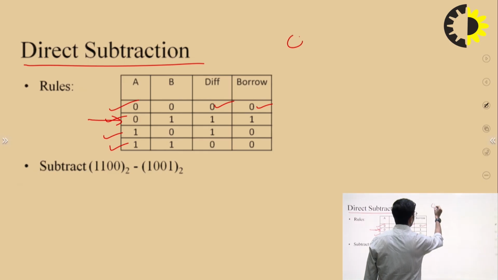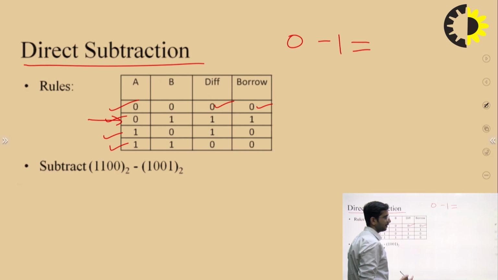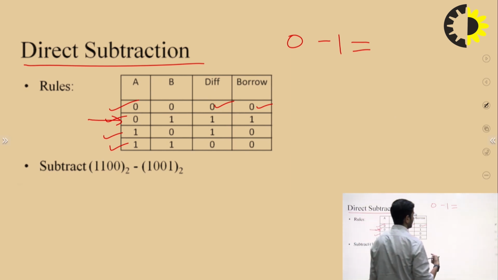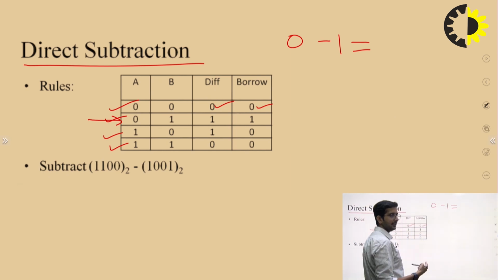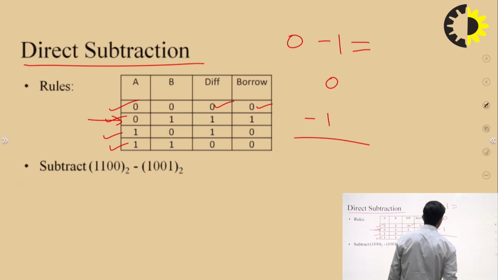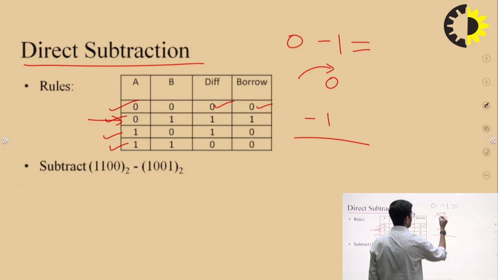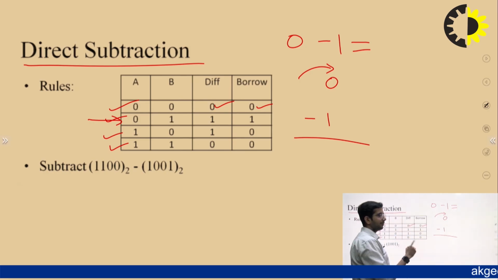But for 0 minus 1, since we are subtracting the higher number from the lower number, this is not a -1 in the binary form, because this is binary, not decimal. So how can we perform 0 minus 1? To perform 0 minus 1, we have to borrow 1 from the previous.